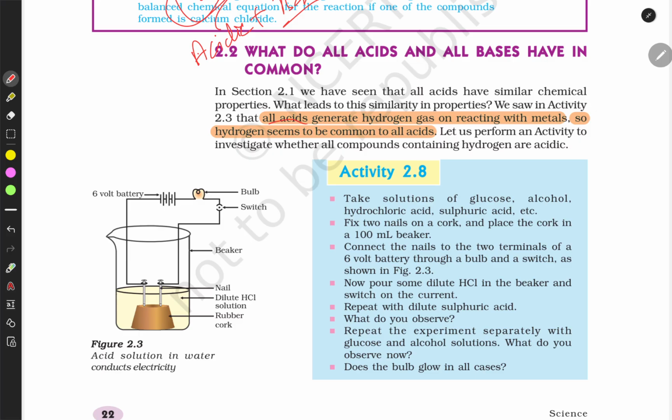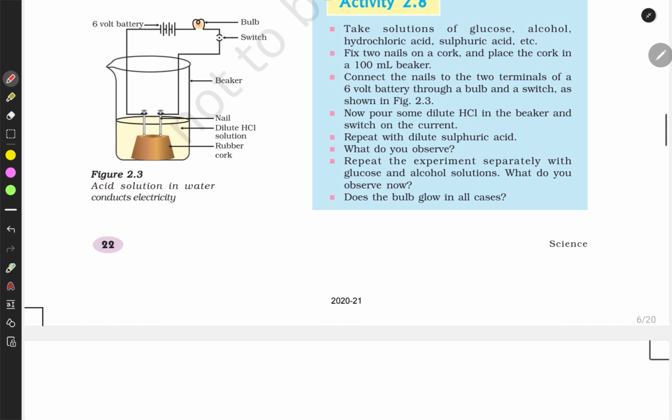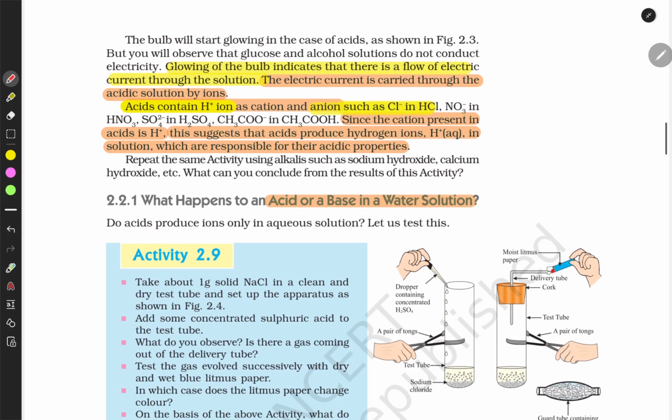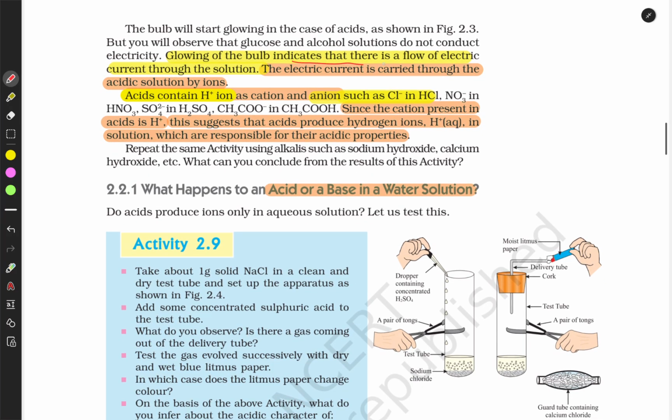All acids generate hydrogen gas on reacting with metals. So hydrogen seems to be common in all acids. So acids generate hydrogen. A glowing bulb indicates that there is a flow of electric current through the solution, and electric current is carried through the acidic solution by ions.